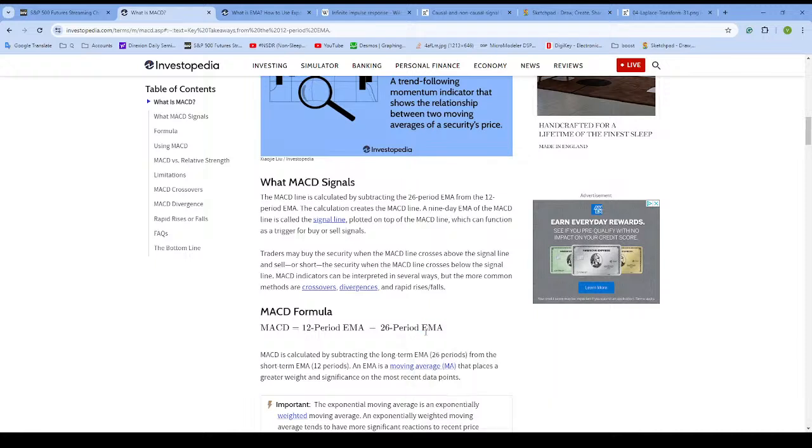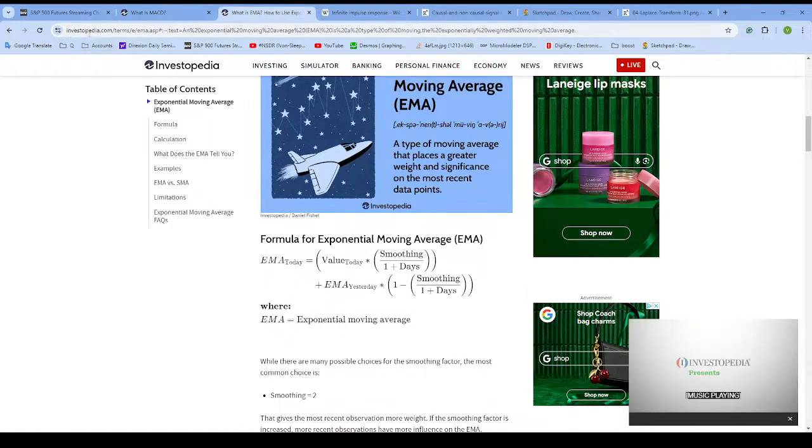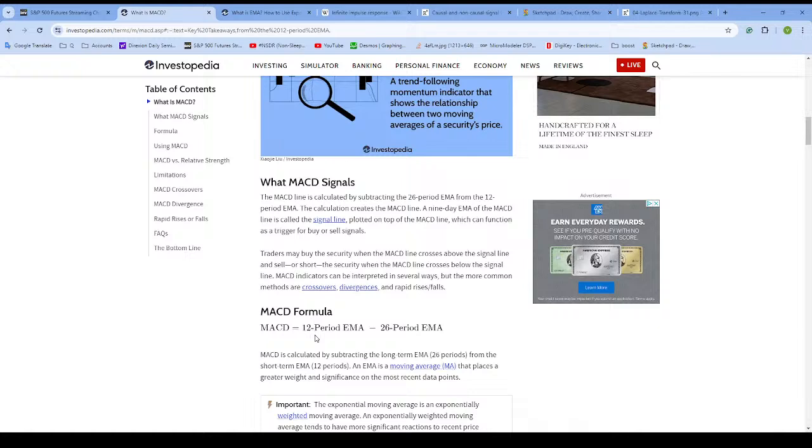Let's go more through this. EMA, again, according to investopedia.com, is exponential moving average, meaning that it tries to filter your desired signal.